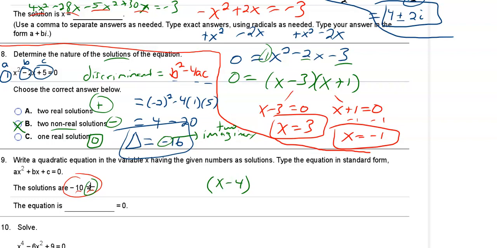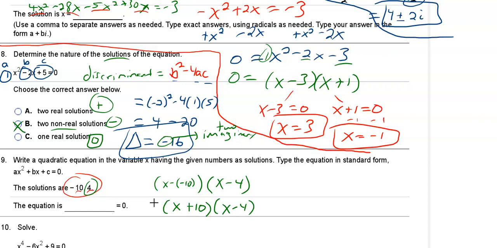That's what would lead me to an answer of x equals 4. If I want -10 to be a solution, then x minus that number would have to be a factor. X minus -10, or you could just skip to x plus 10, right? If I want -10 to be a solution, then x plus 10 would have to be a factor to give me that solution. And so these are the two factors I would need in order to get these two solutions.